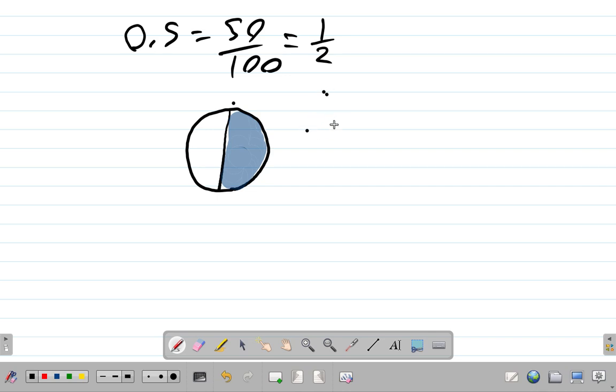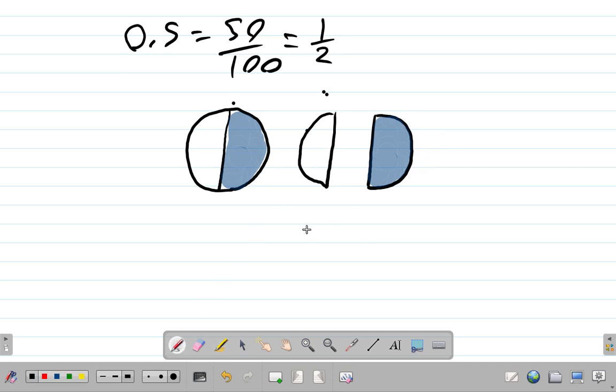It means 1 out of 2. So I can cut this bulla in 2 halves. And now I can yam half of the bulla and leave the other half for later. Or if I want to share it with somebody.